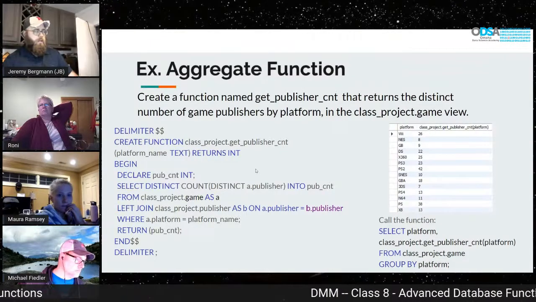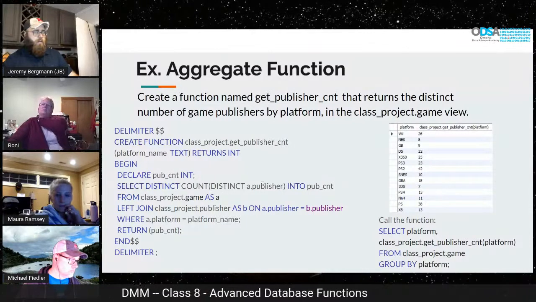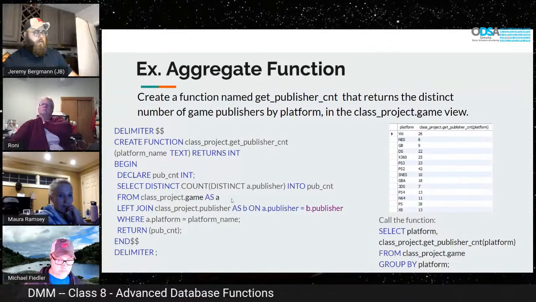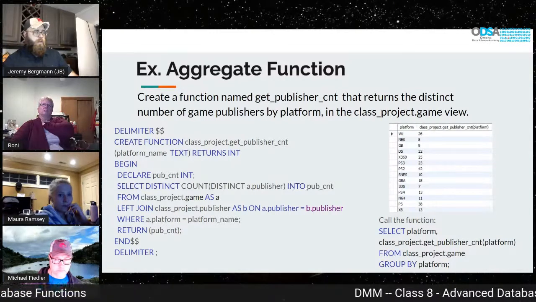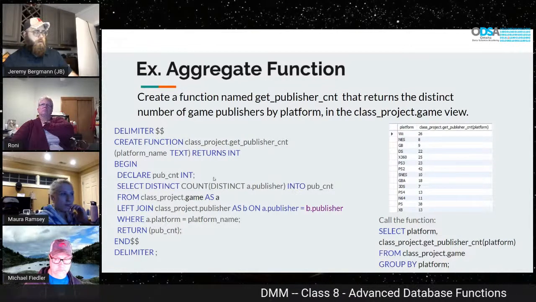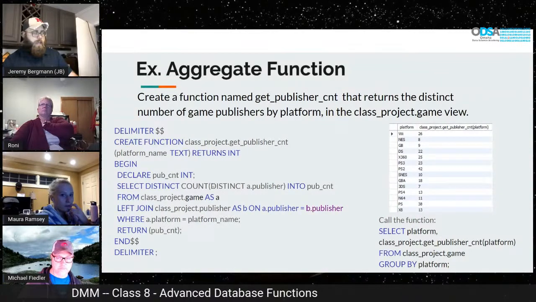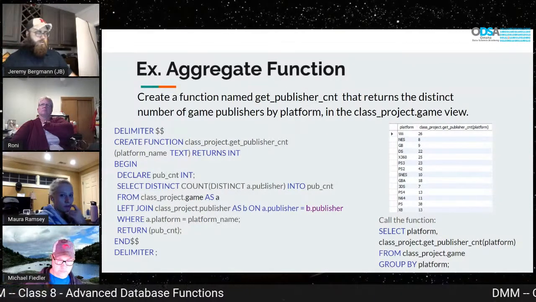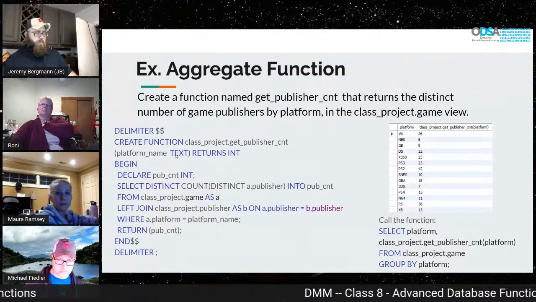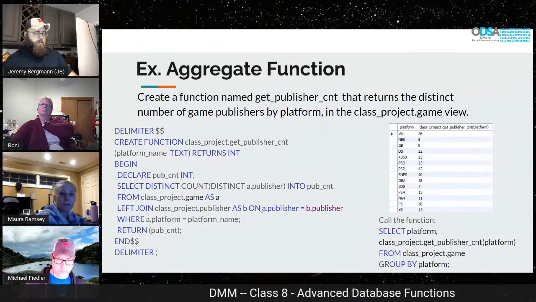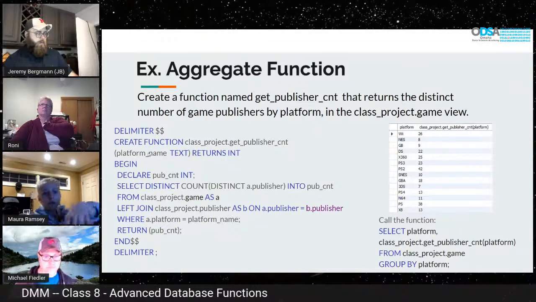One of the minor differences that you're going to see here is that in the select distinct, the value that we're going to return, we're using a column function instead. So I'm doing a count of the distinct publishers for the platforms that we're using as parameters for the platform name.